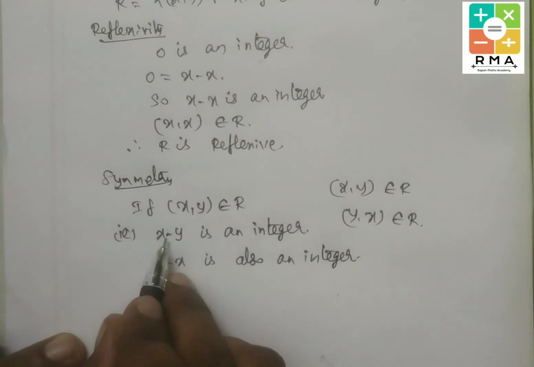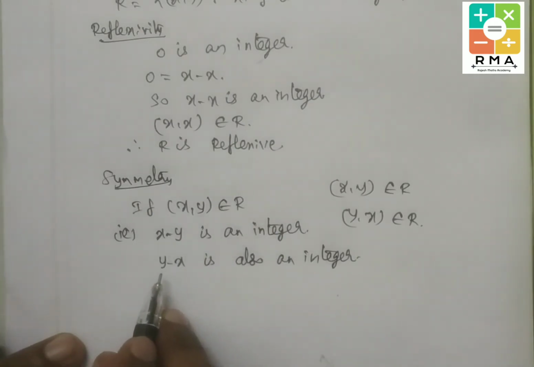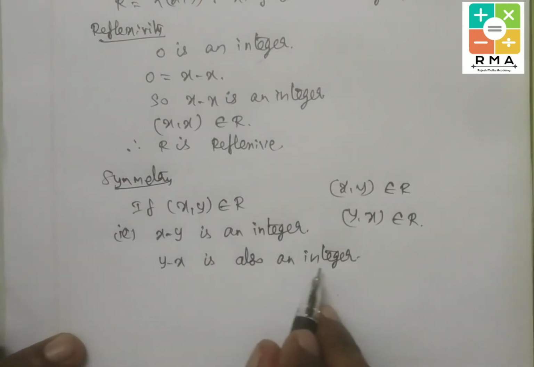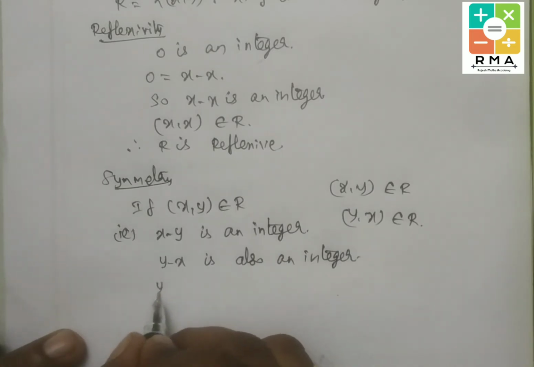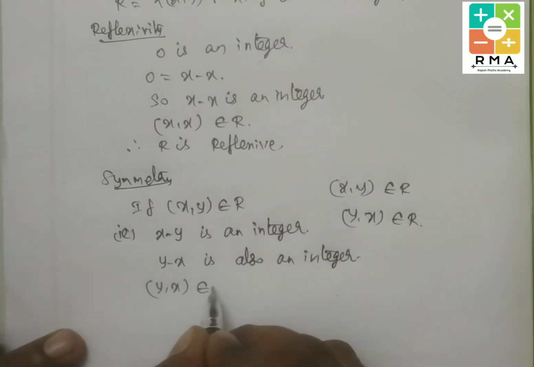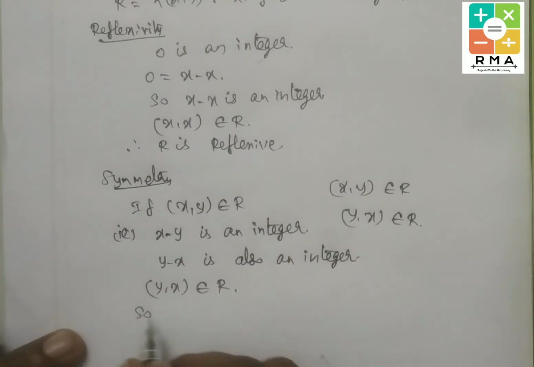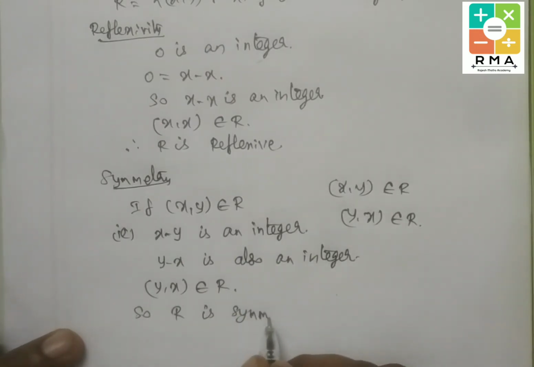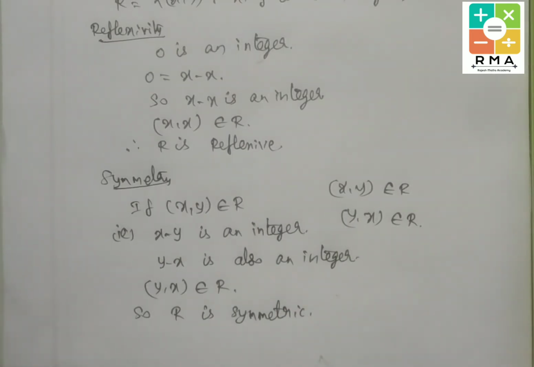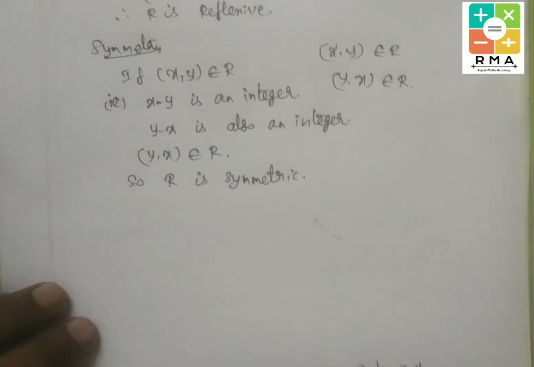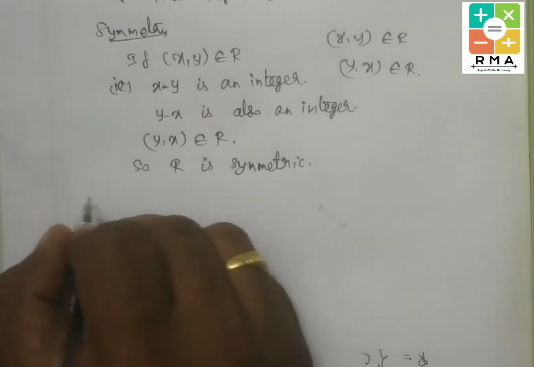Anyhow, x minus y is an integer means in all cases y minus x is also an integer. So we can write (y, x) belongs to R. So I can say that R is symmetric. Okay, reflexivity over, symmetry over. Next I need to prove the transitivity.